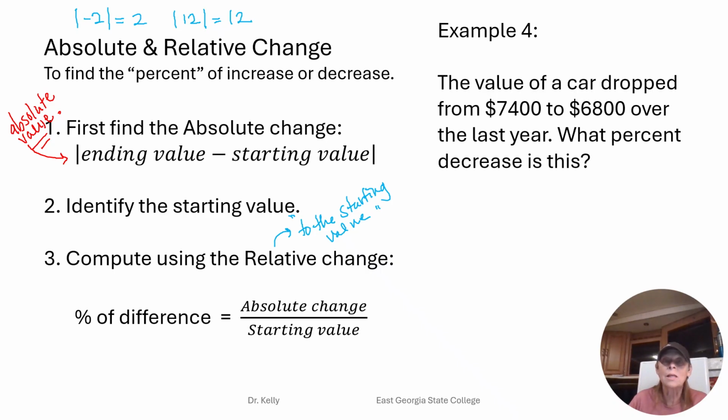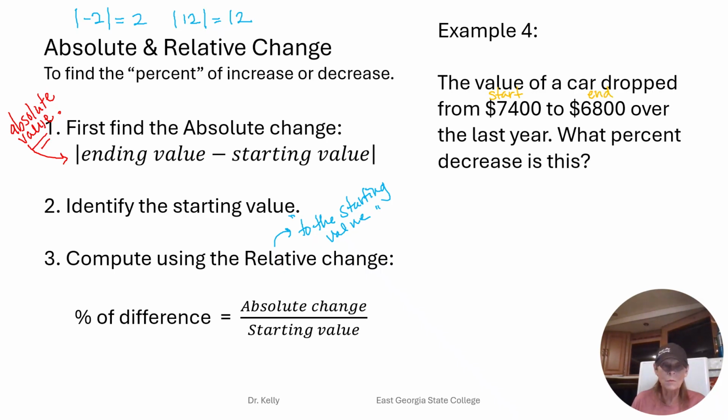Here it says the value of a car dropped from $7,400 to $6,800 over the last year. What percent decrease is this? The first thing I'm going to do is identify my starting and ending value. Well, when you bought the car, which is the start, it was $7,400, and the end is $6,800.